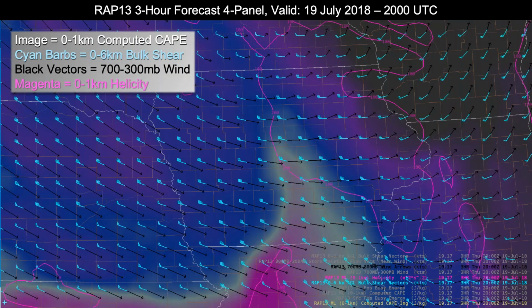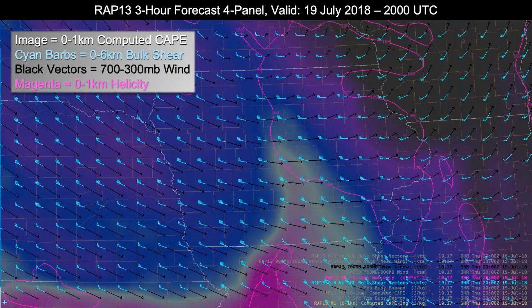And all of those vectors work with those three factors of primary importance for determining if storms can remain discrete. So if we zoom in on that upper right panel, we can clearly see the roughly northeast to southwest orientation of that advancing boundary reflected in the CAPE image. The 700 to 300 millibar mean wind is shown by the black vectors, and that's used as a first guess for storm motion.